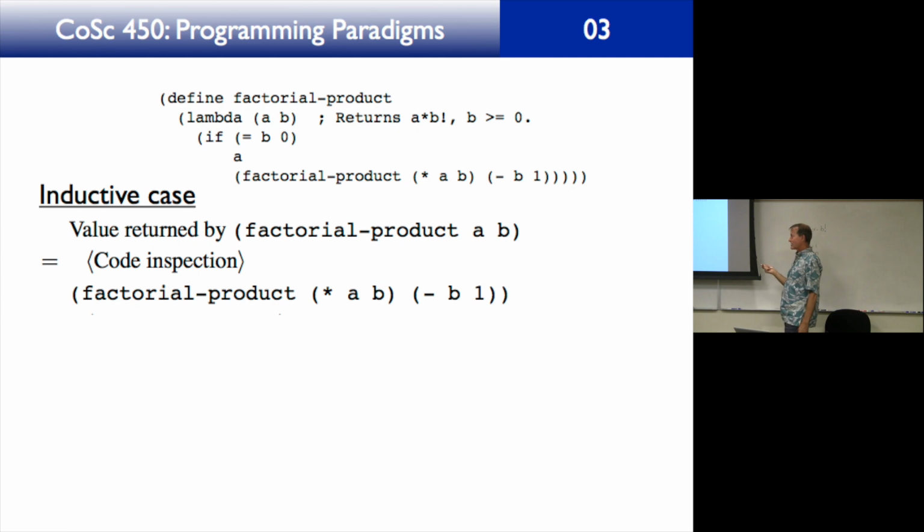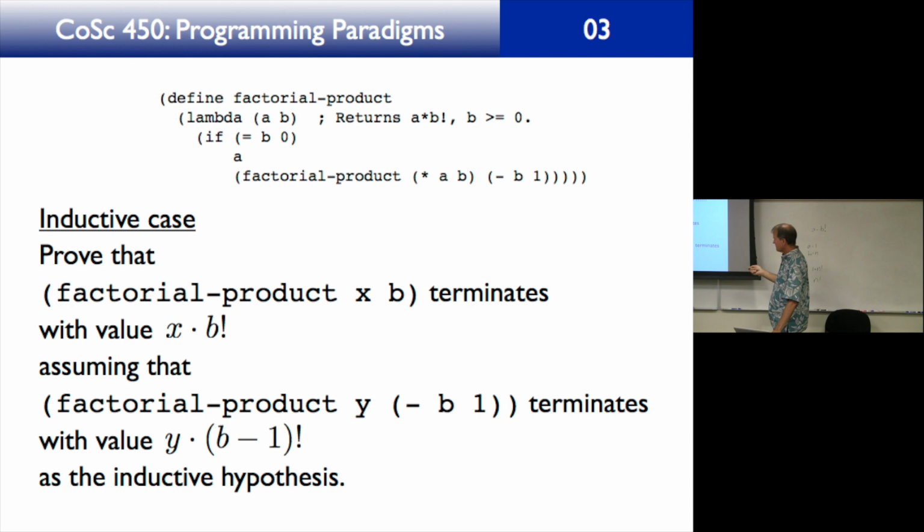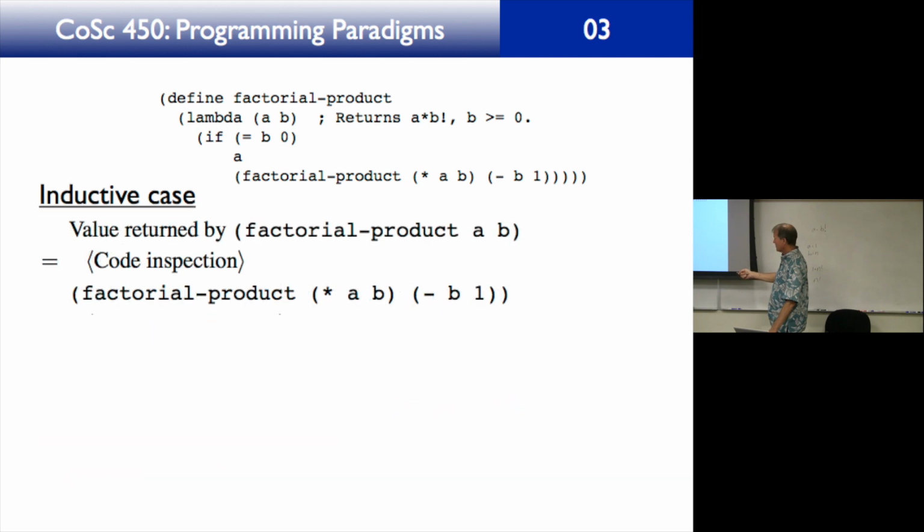But now look, what does the inductive hypothesis say? Let's go back to the inductive hypothesis. It says this returns what? This times this. Are you with me? So, therefore, this equals by what? By the inductive hypothesis.